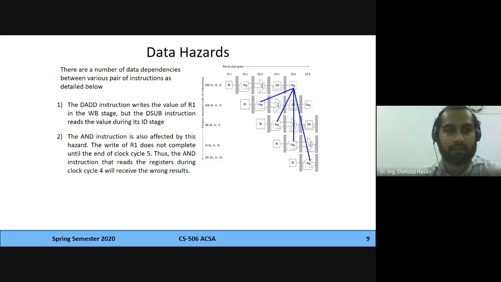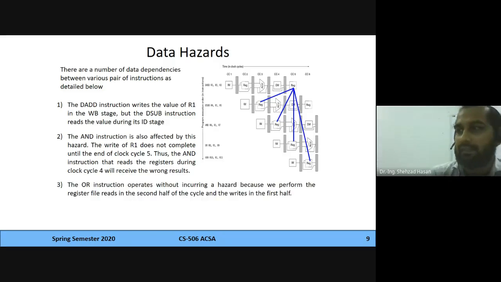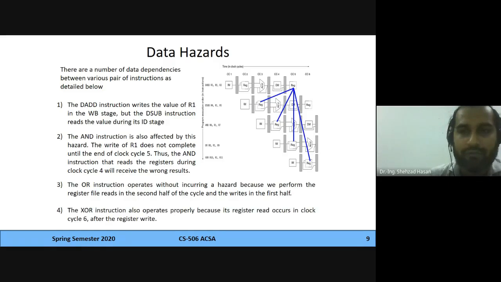So we have discussed that, and this is something which I've written with what we have just talked about. So one way to solve it is to delay the subtract instruction. If you delay the subtract instruction, and OR is also delayed, you just have to insert two stalls, and everything is then going to go fine.